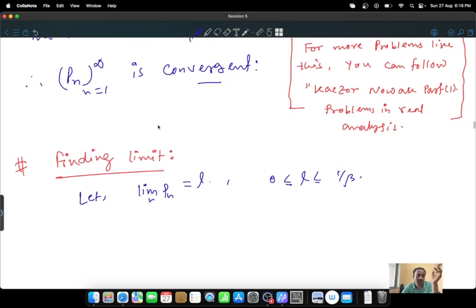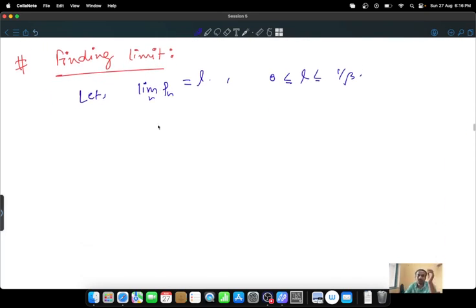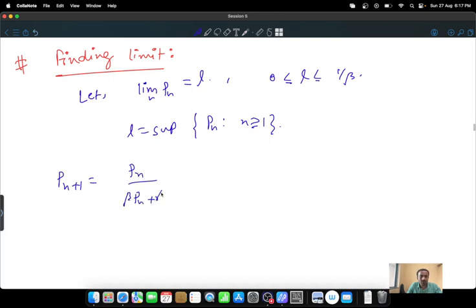That is for general information. So basically here L is nothing but the supremum of the set of Pn such that n is greater than or equal to 1, and if it was decreasing, then it would be the infimum. Anyway, so now look at the formula of the nth term, that is beta Pn plus gamma.